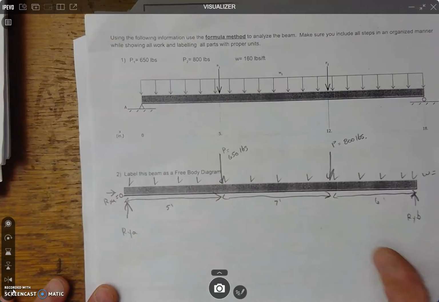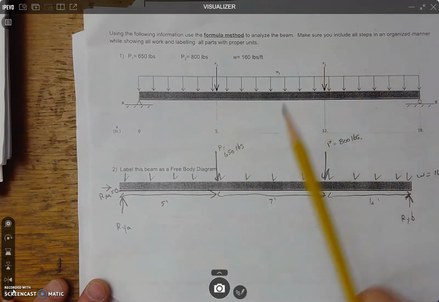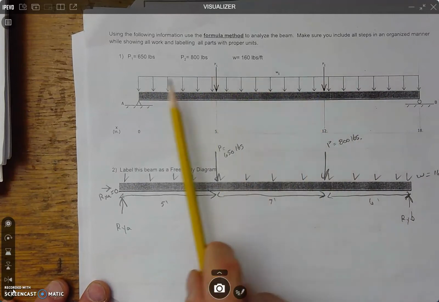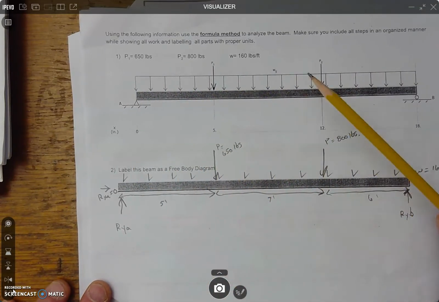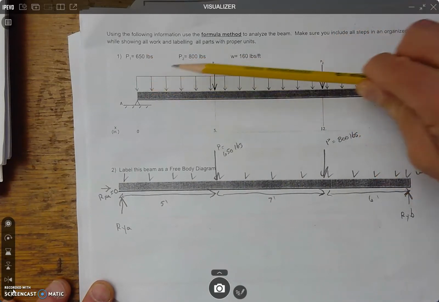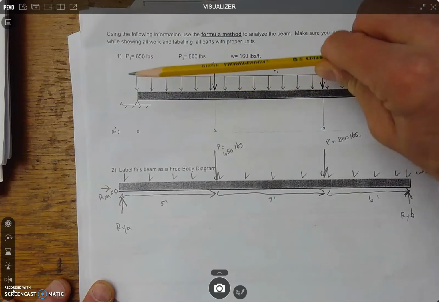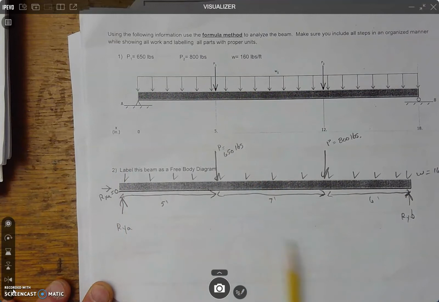So what we are doing, just so you know, we used algebra before to take all of these forces and come up with a total, so that we know that if there's X amount of weight coming down on this beam, no matter whether it's concentrated or uniform load, we have to resist that with our RYA and our RYB.